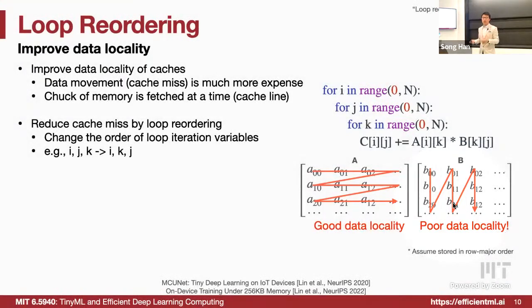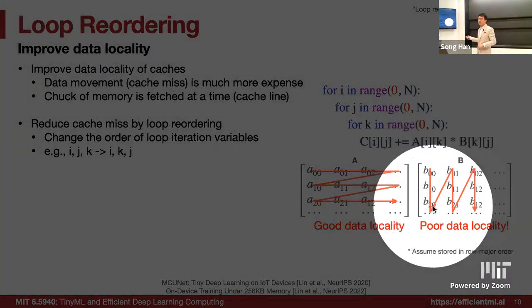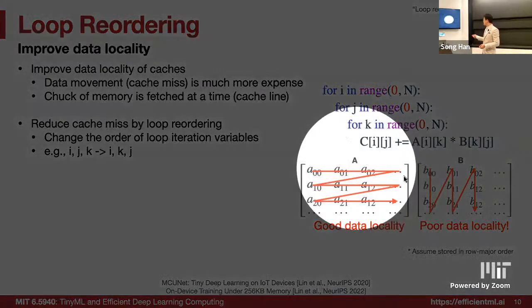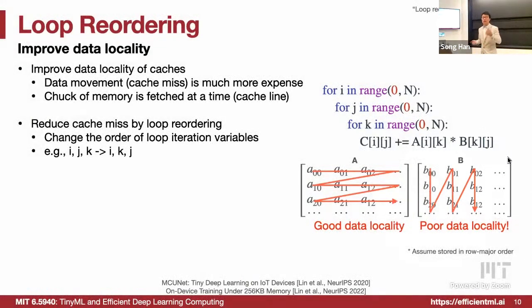Okay, so they are not stored contiguously in the memory. For example, here B00 and B10 are not continuous in the memory. When you are fetching B00, you fill in the cache line containing B00, B01, B02, which you should have learned in our prerequisite 6.191 in the computer architecture course.